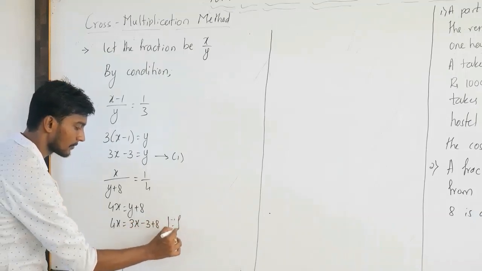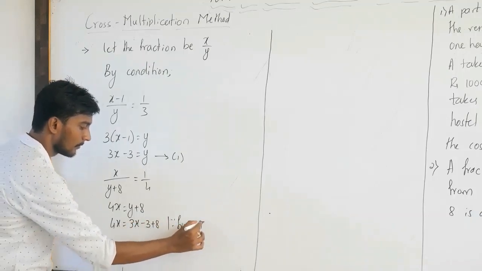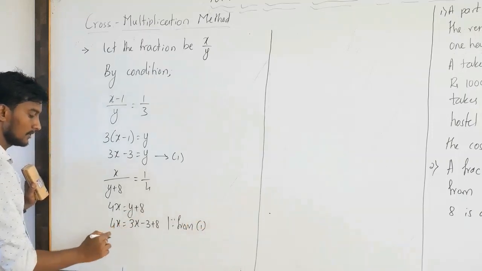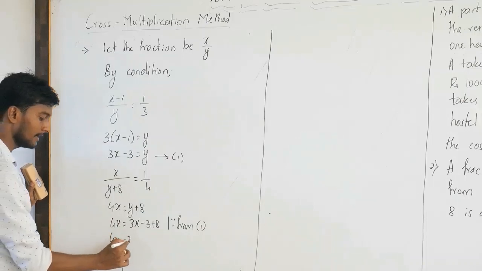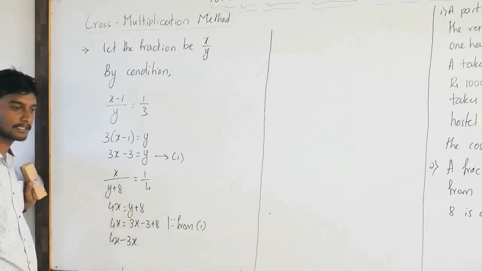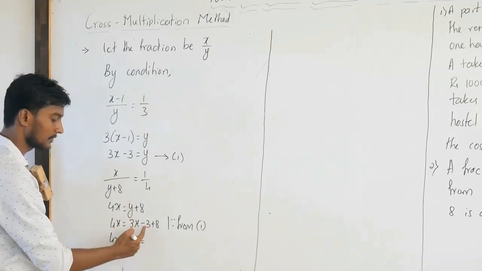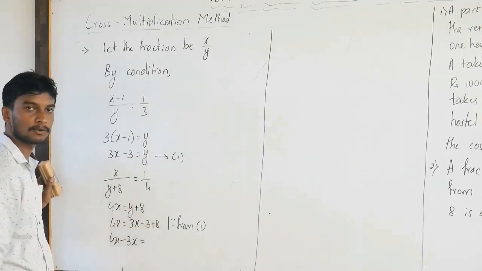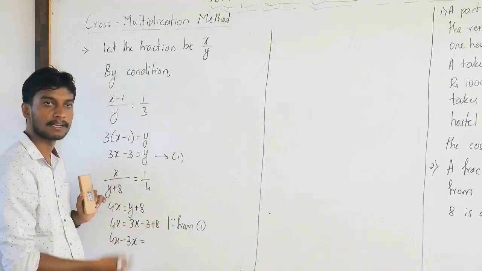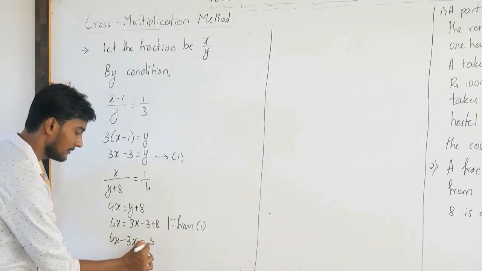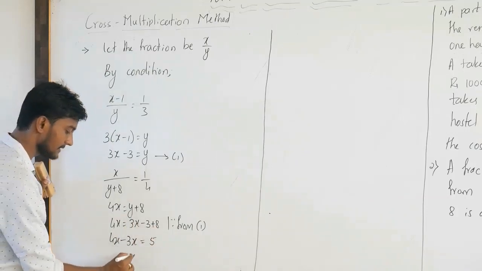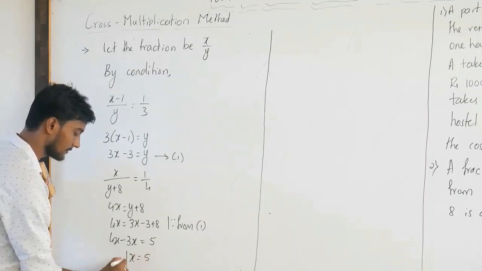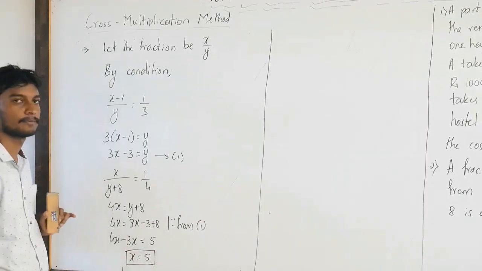So 4x, bring that 3x to this side: 4x minus 3x is equal to minus 3 plus 8. 8 minus 3 is 5, and the bigger number's sign is plus. 4x minus 3x is x, equal to 5. So the value of x is 5.